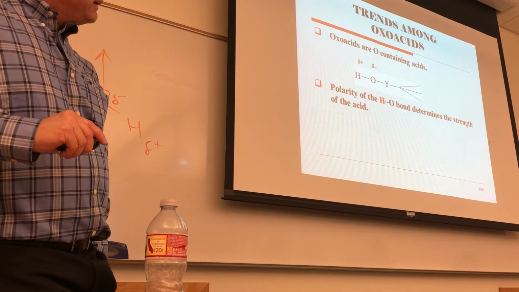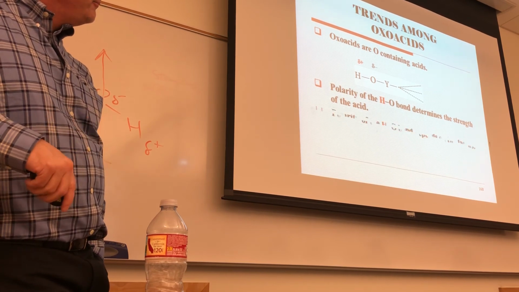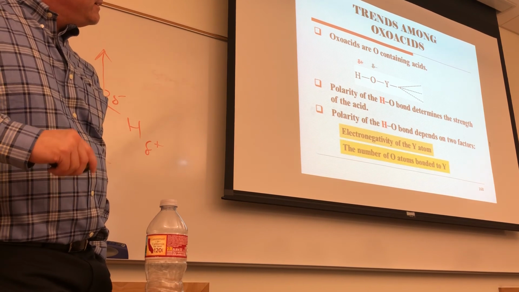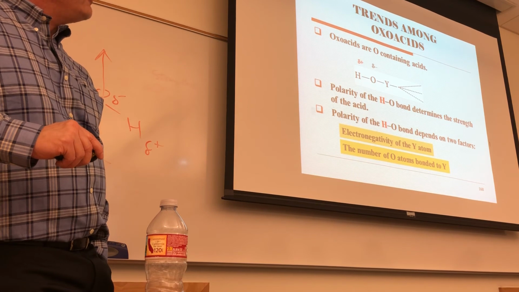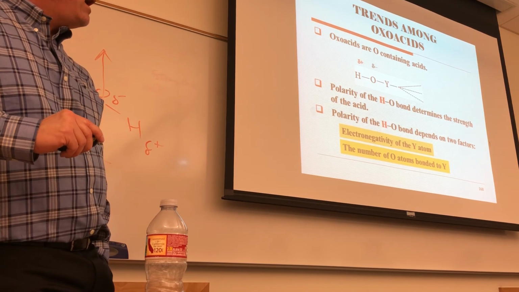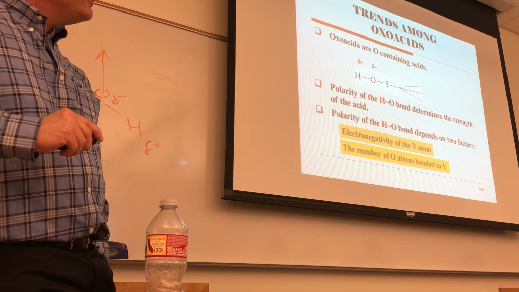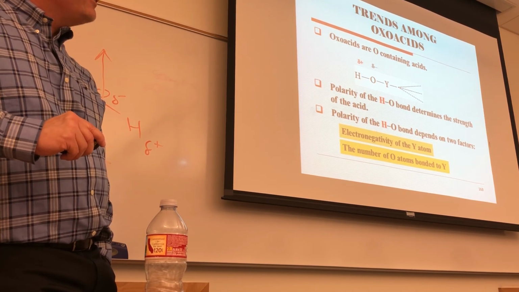So the general polarity of this determines the strength of the acid. That's the bond here at some level. That's the electronegativity. And then now, here's another twist. The number of oxygen atoms bound to the Y here. Not just this one, because you always have this one when you're dealing with an oxoacid. But do I have any more oxygens connected to this Y?